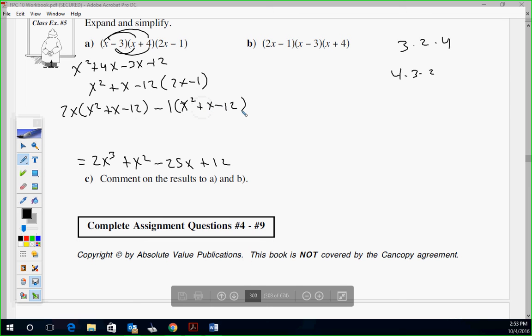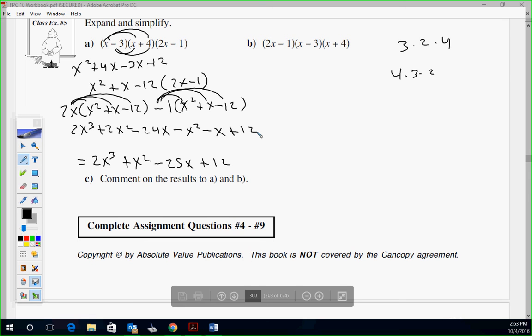There. So I distribute the 2x. This is probably where a lot of you messed up here. The negative 1 probably threw some of you off. 2x cubed, 2x squared, negative 24x. A negative 1 has to go through, so minus x squared minus x. Negative times a negative on the 12 is a positive 12.